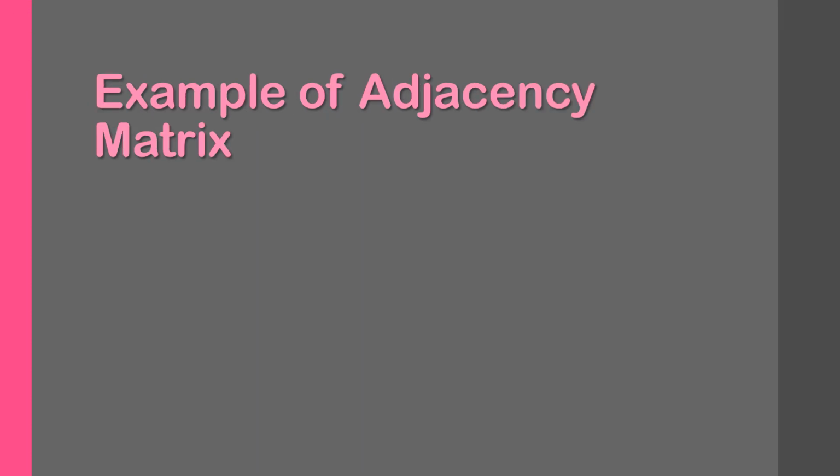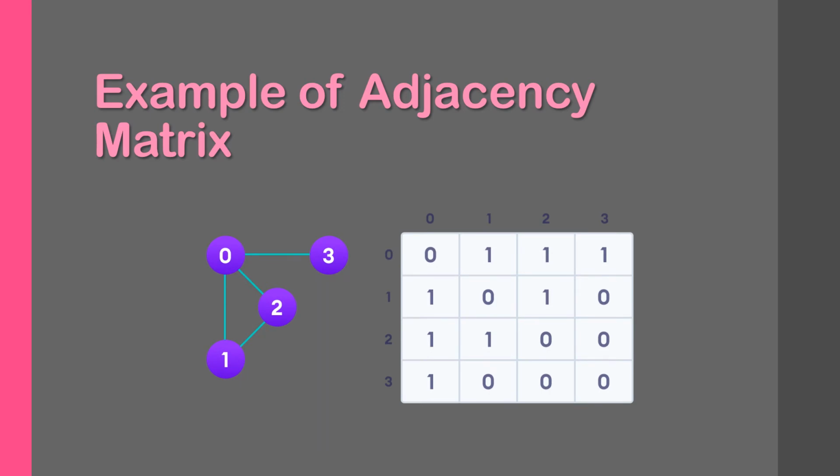So let's take an example of this here. Here we have 0, 1, 2, 3 as vertices, and you can see a chart which is nothing but a two-dimensional array representation. So from 0 to 0 is 0 as there is no edge or link between them. From 0 to 1, yes, there is a link, so it is 1. From 0 to 2, yes, it has a link, so it is 1, and so on.